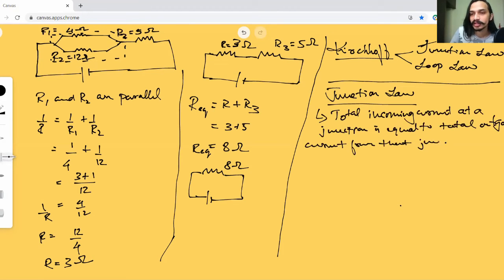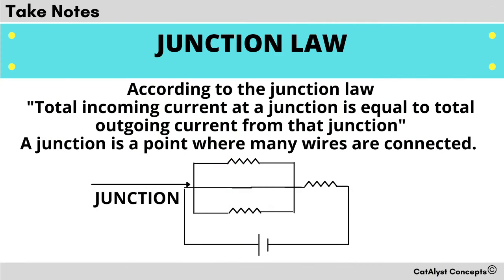Now, what is a junction? A junction is nothing but a point where multiple conductors or wires are connected. For example, in this diagram here, this is a junction. At this point, there is one wire coming like this, and then it's splitting into two different wires, connected to two different wires. It's a junction that has three connections.